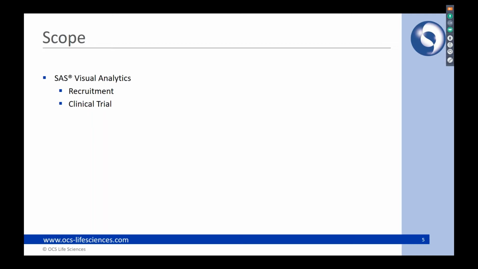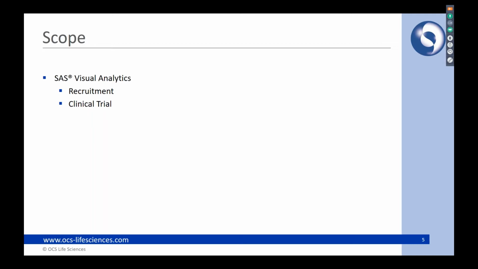The second part of the clinical trial data is subject specific, so really monitoring a specific subject. After demoing these several dashboards, I will also show shortly how to create a simple dashboard in VA, so you also have an impression of how easy it is to create these dashboards.